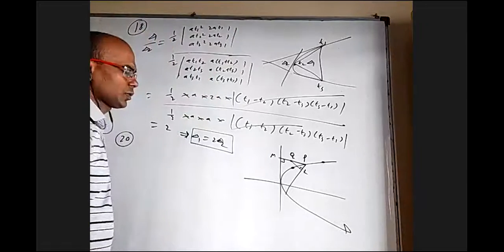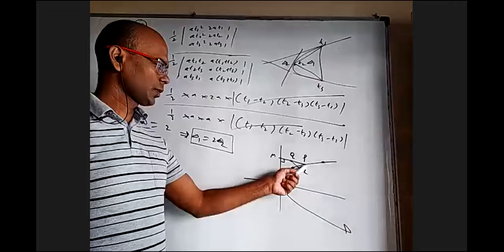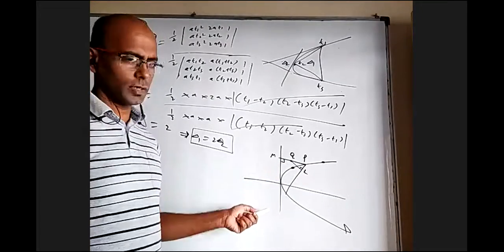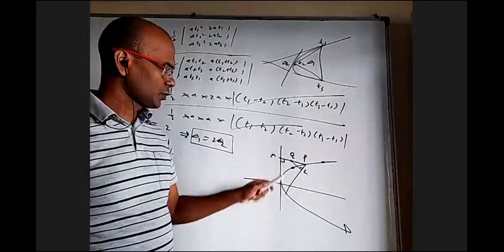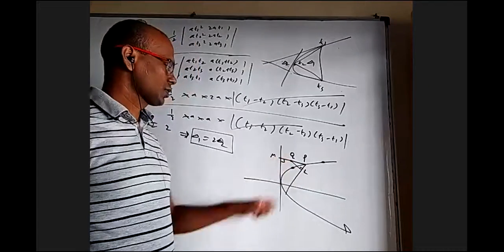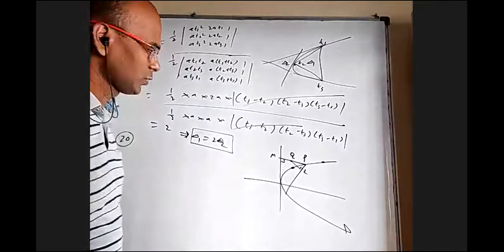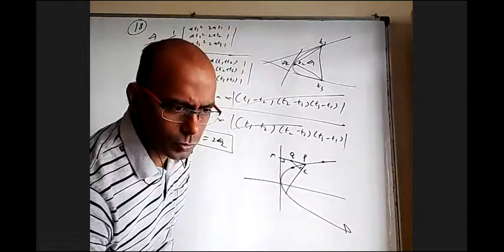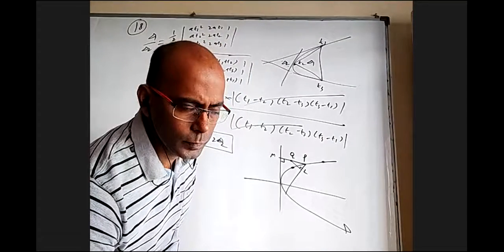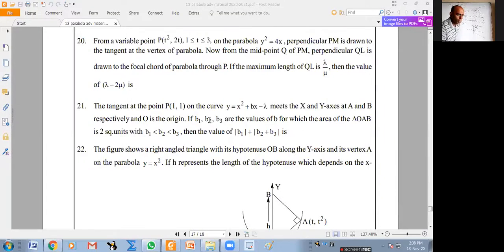Okay, so basically the question is: take a point on the parabola, find its foot on the tangent at the vertex, the vertical line. Take the midpoint of these two. From there, you find the perpendicular distance to this. What is that minimum value they're asking? So, is it y square equal to 4x?